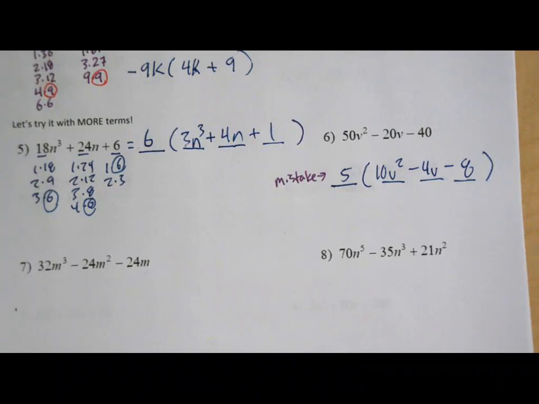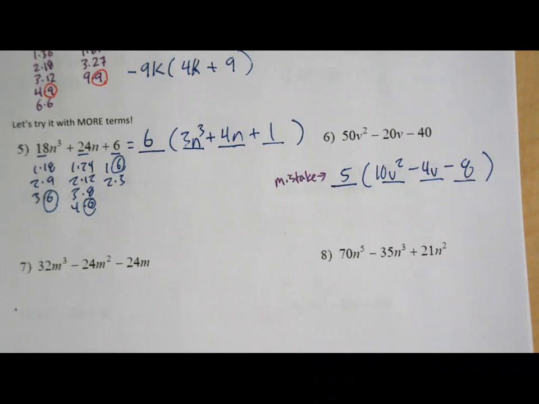Were you guys able to find the GCF for 50 and 20 and 40? Did you get something different than I have up on the screen, I hope? Can I get you guys to look at what I got up on the screen really quickly? I made a mistake here, but I want to show you something through this mistake. Check my work there.